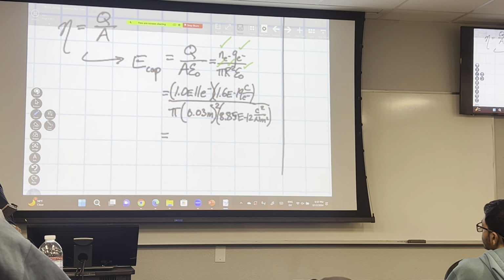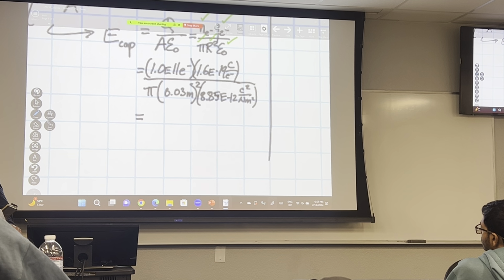And this should equal 6.39 times 10 to the third newtons per coulomb.